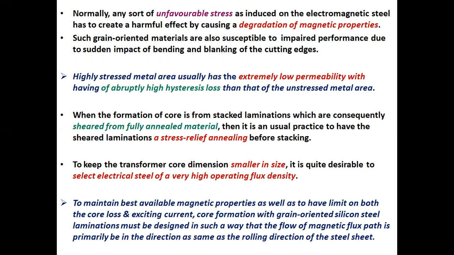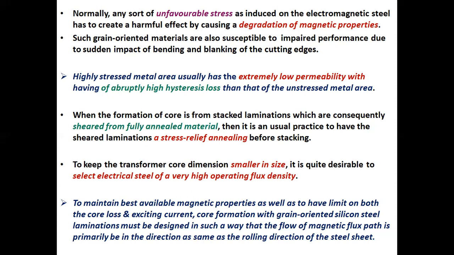When the core is formed from stacked laminations, which are sheared from fully annealed sheet or annealed material, it is usual practice to give the sheared laminations a stress relief annealing before stacking. To keep the transformer core dimensions smaller in size, it is quite desirable to select electrical steel of a very high operating flux density.